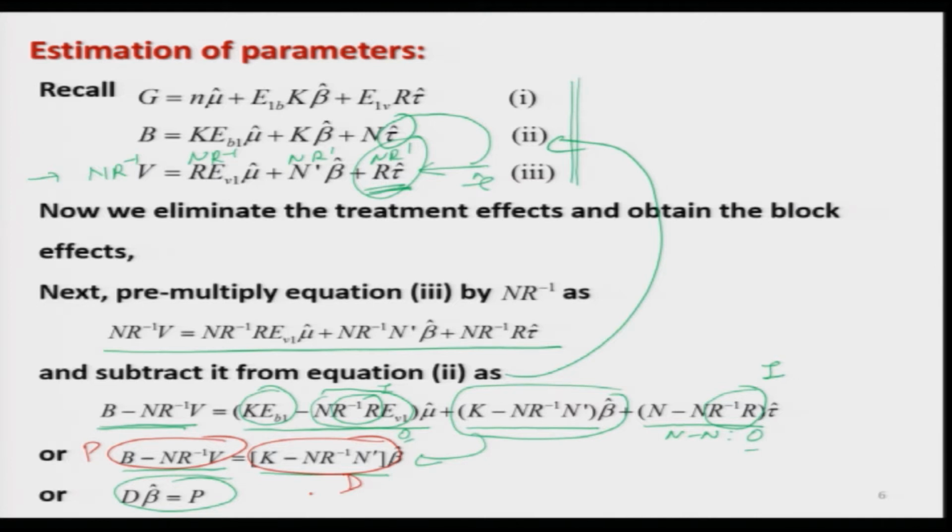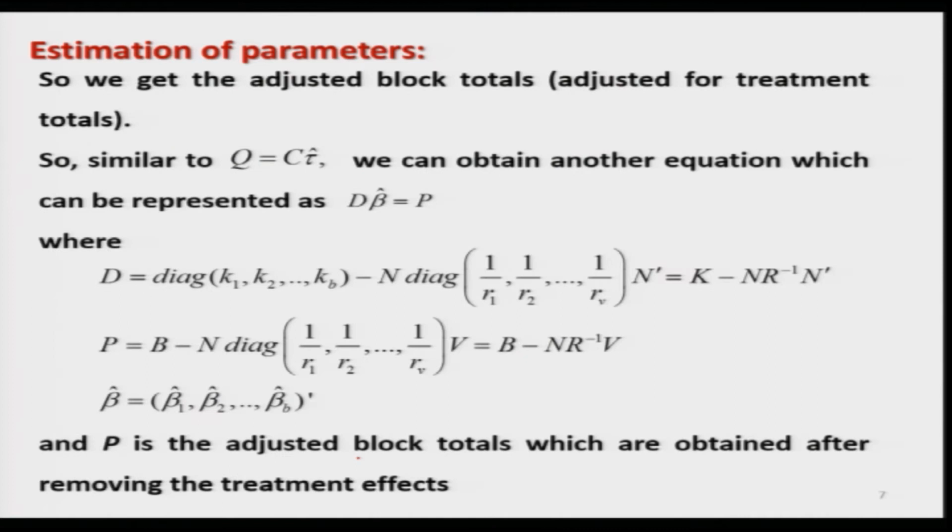Earlier, the quantity you are now calling P was Q, and earlier you had a matrix C, but now you have a matrix D. So now you can identify P and D, just like you had identified Q and C. If you recall, in the earlier case we had obtained the reduced normal equation as Q = C τ hat, but now we have obtained the reduced normal equation as D β hat = P.